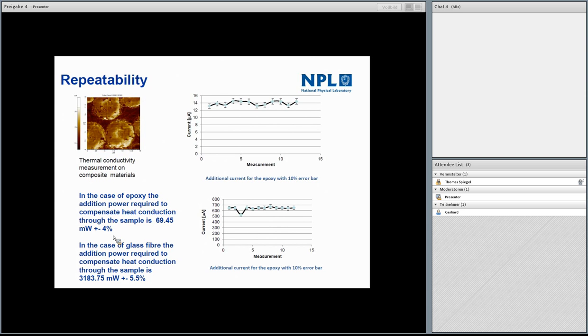We did a series of measurements on the samples and analyzed the variation of the power required to have thermal equilibrium when in contact compared to when not in contact. And we have reproducibility in the results of better than 10% in all cases.